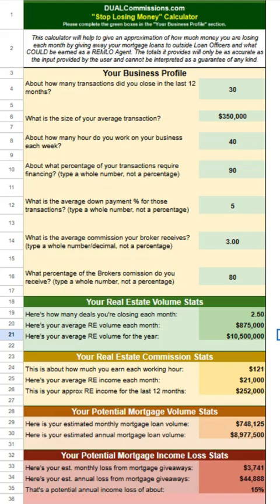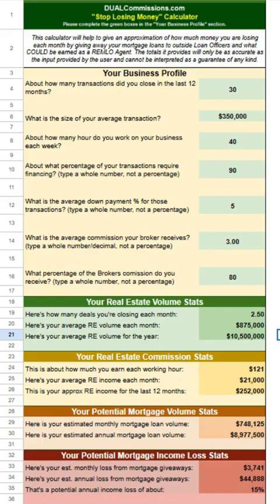The next little area here is your potential mortgage volume. What's the actual amount you'll be writing in mortgages? Here's your estimated monthly mortgage volume, $748,000, just under 750. Here's your estimated annual mortgage volume, $8,977,500. Now here's the fun part: your potential mortgage income loss stats. If those numbers are correct, this is how much it's costing you not to be a part of the Dual Commissions program.